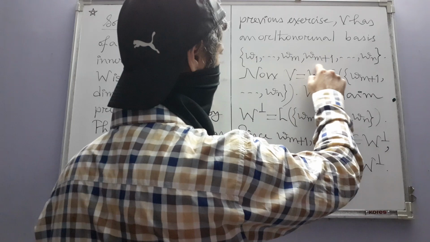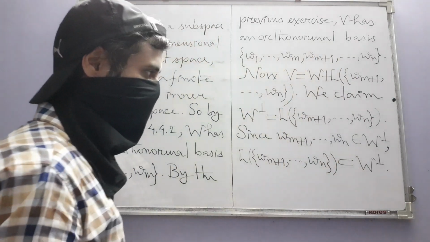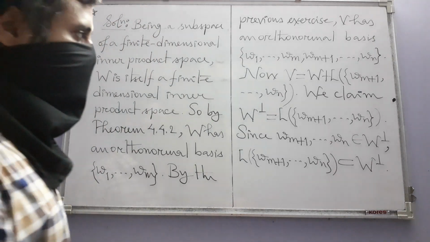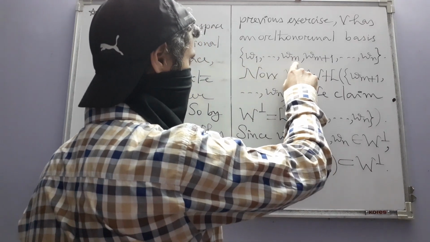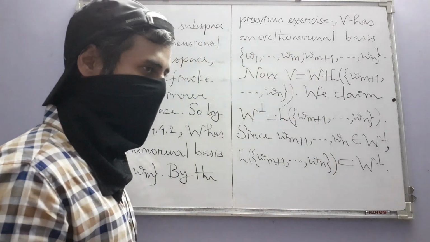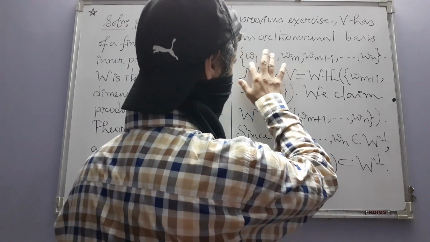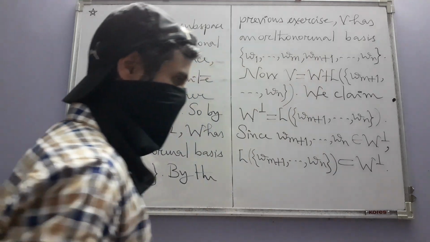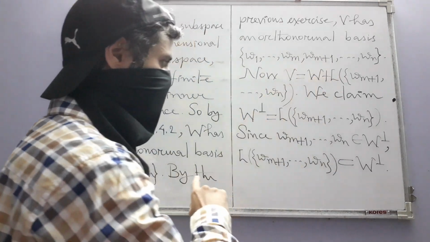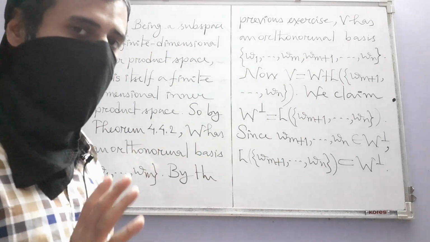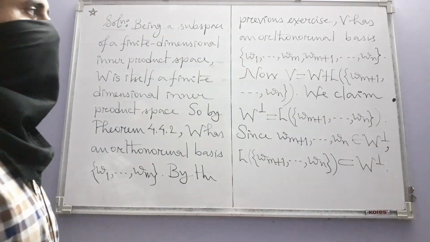In particular, Wm plus 1 is orthogonal to all these previous Wi's. So automatically it would also be orthogonal to every vector spanned by these previous Wi's, naturally. But the vectors spanned by these previous Wi's form the space W. So that means Wm plus 1 is orthogonal to every vector in capital W, and that's why it belongs to the orthogonal complement of W.